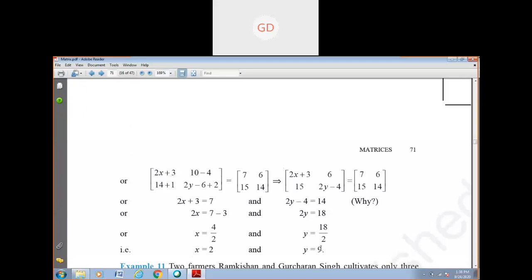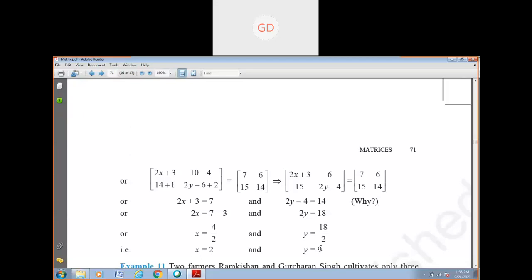So this is another example where matrix equations are given, and some variables are involved with the elements, and we just use the concept of equality of matrices with operations. So it is a little bit different example.